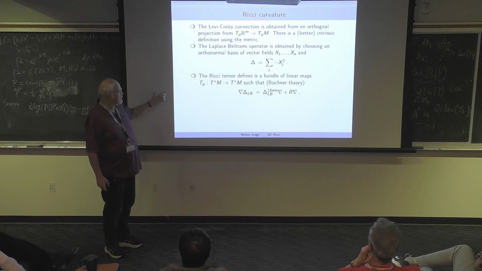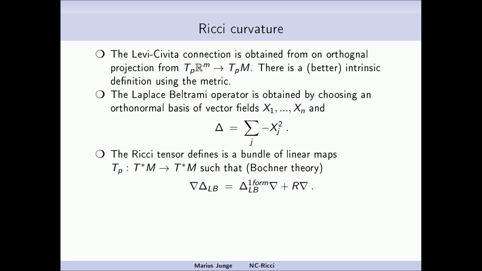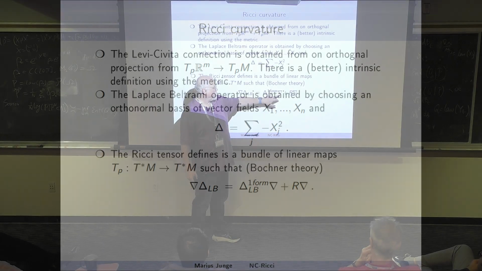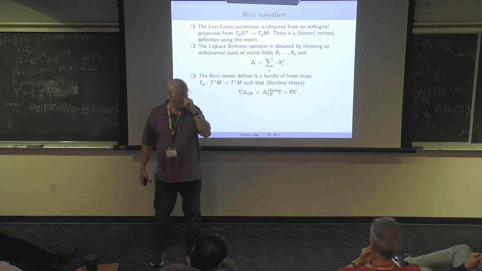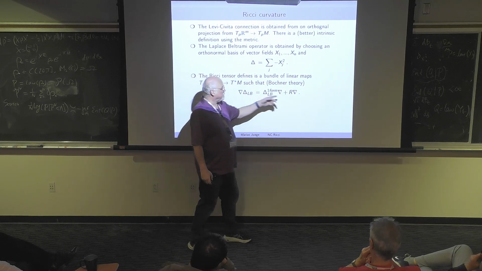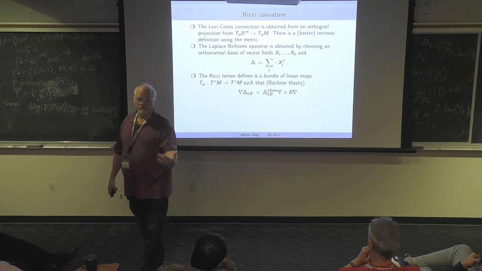So the Ricci tensor, for me, is just a map from the cotangent space to the cotangent space, and it has a certain property. You first apply the Laplace-Beltrami operator, and then the differentiation. And you could as well have first applied the differentiation, then you apply the Laplace-Beltrami of one forms, which exists. But this is not correct. There's an error term, and that is given by a linear map on the cotangent space.